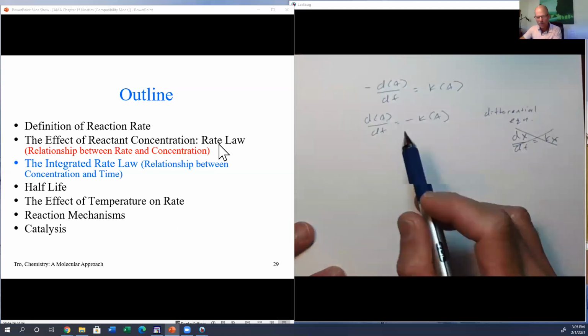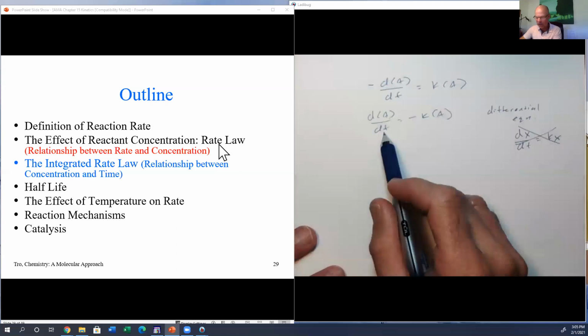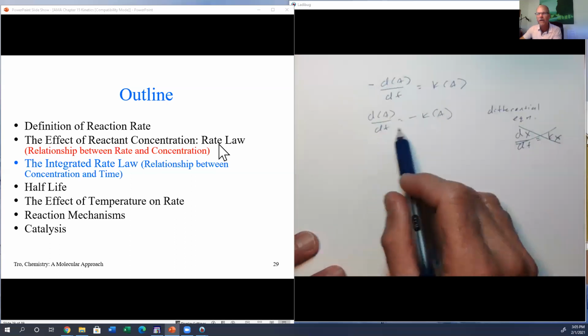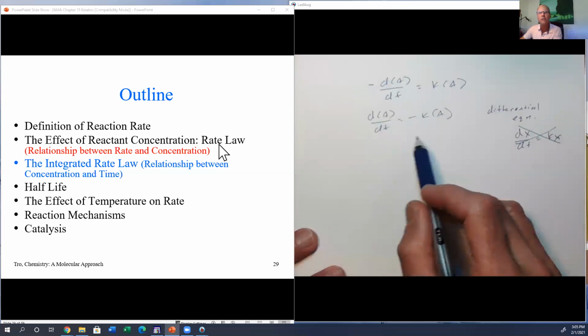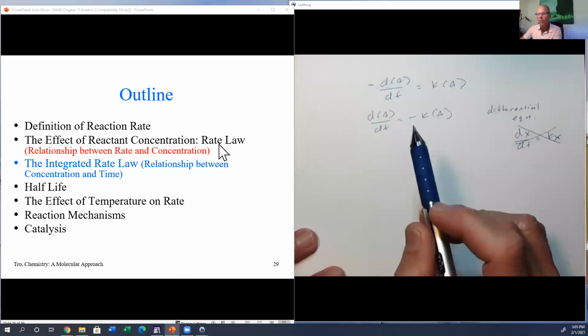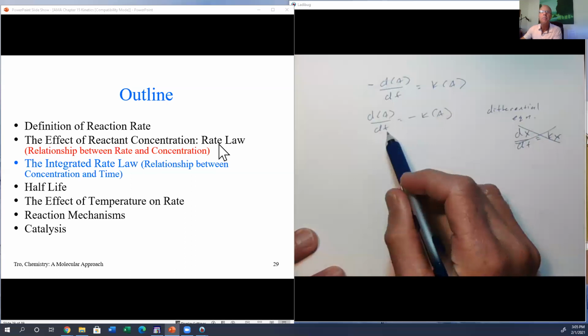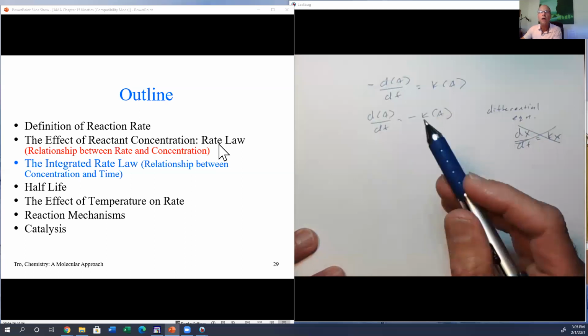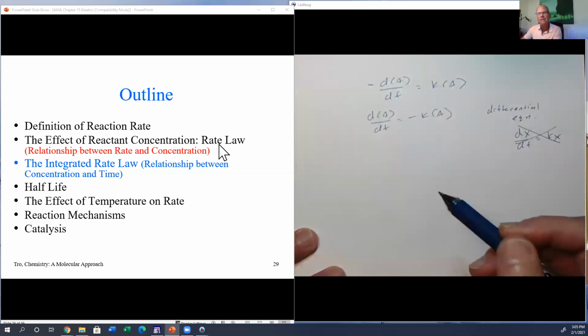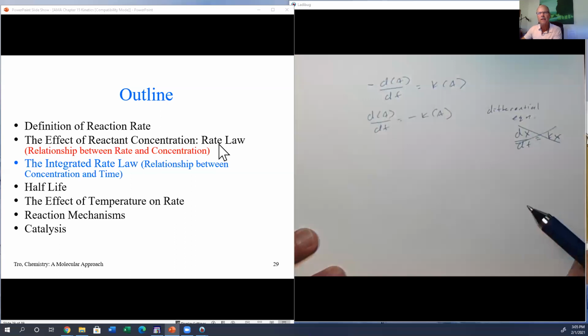Does anybody remember from their calculus class how you solve this equation? When you solve a differential equation, you have the derivative of A with respect to t, but what we really want is A as a function of t.